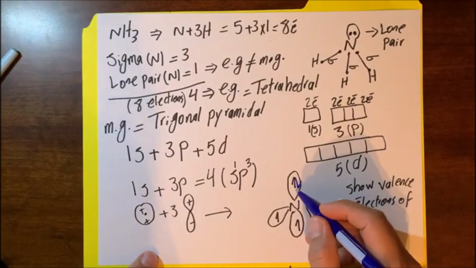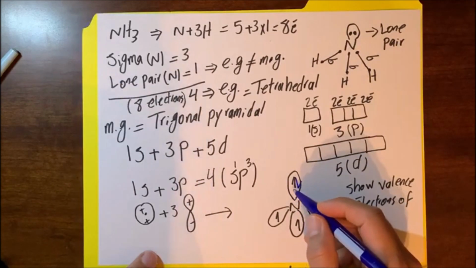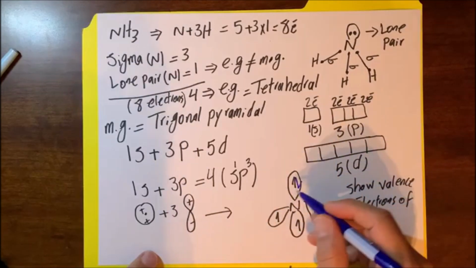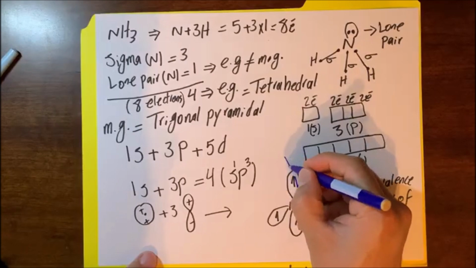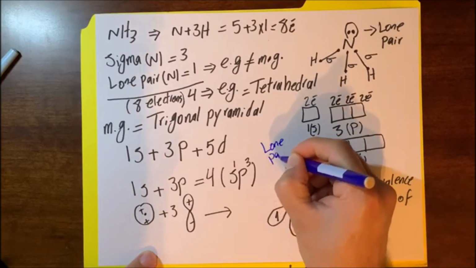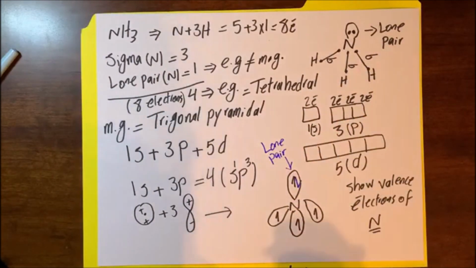This one is full, so that means the central atom is not going to use this orbital to do interaction with the hydrogens, because it's already taken by electrons of the central atom. So this one stays as a lone pair. Now I have 3 singly occupied orbitals.